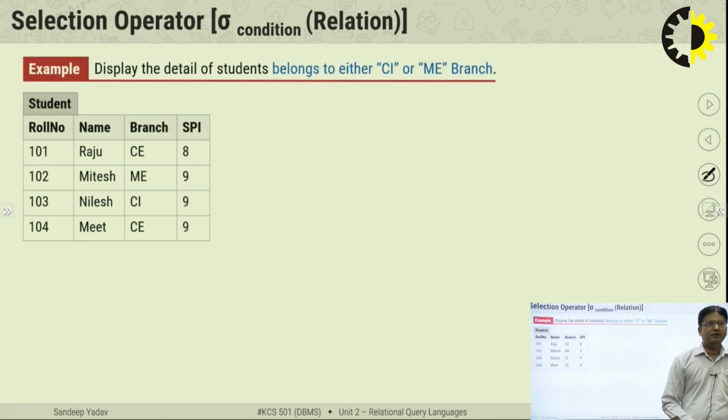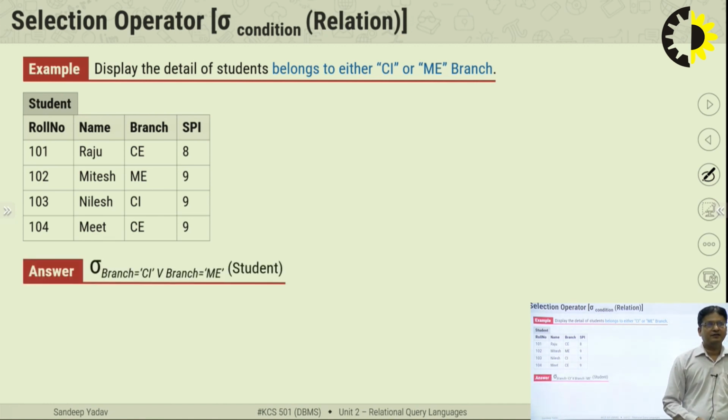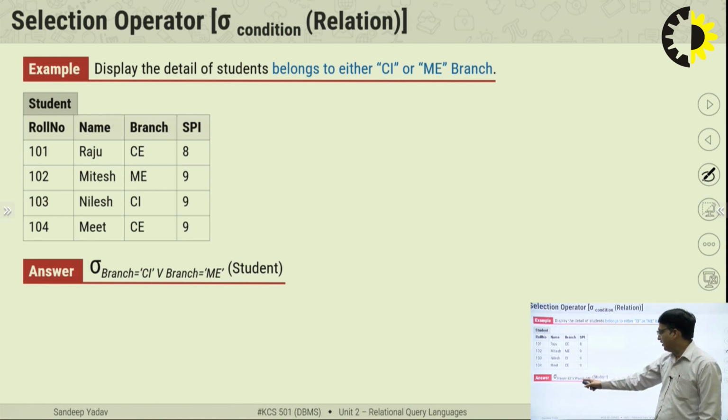Now, another example: display the details of the students belonging to the CI or mechanical branch. So, how to specify the condition? The condition can be specified as the selection operation denoted by sigma, branch equal to CI, or, we are using the or operator, branch equal to mechanical, followed by the name of the relation student.